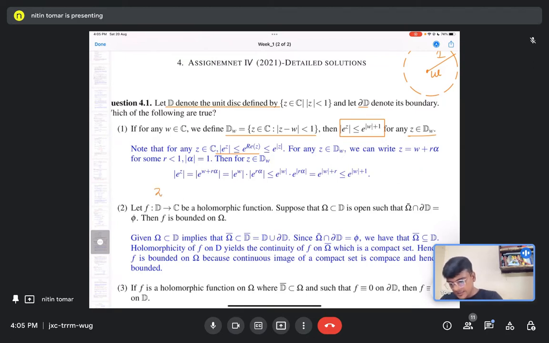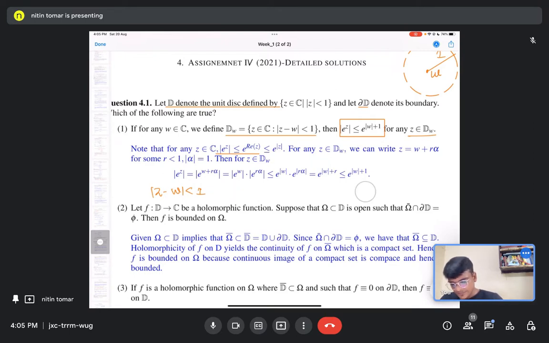If mod of z minus w is less than 1, then I can write z to be w plus r times some alpha, where alpha has mod 1 and r is less than 1. Why?